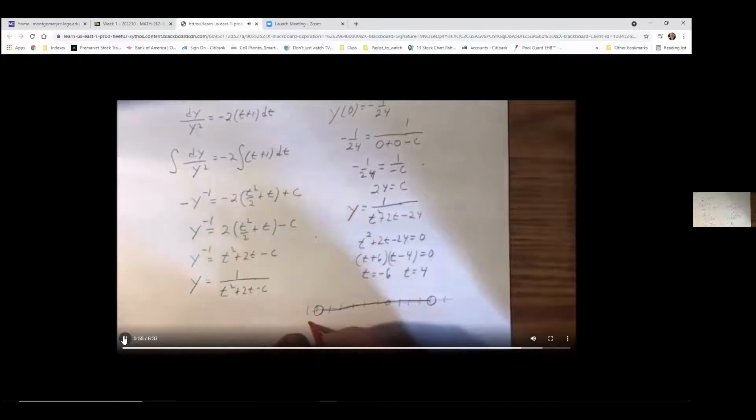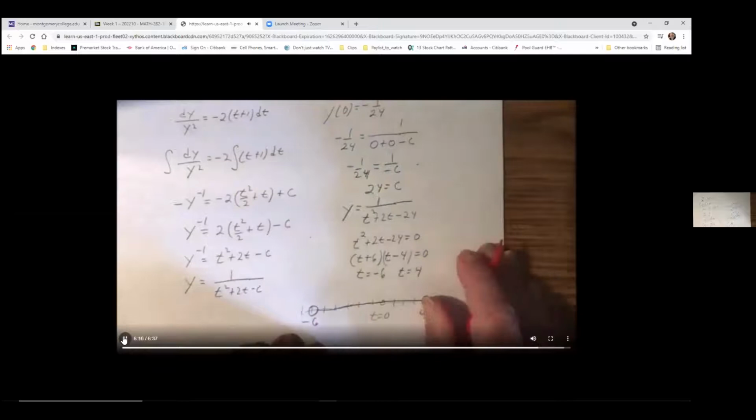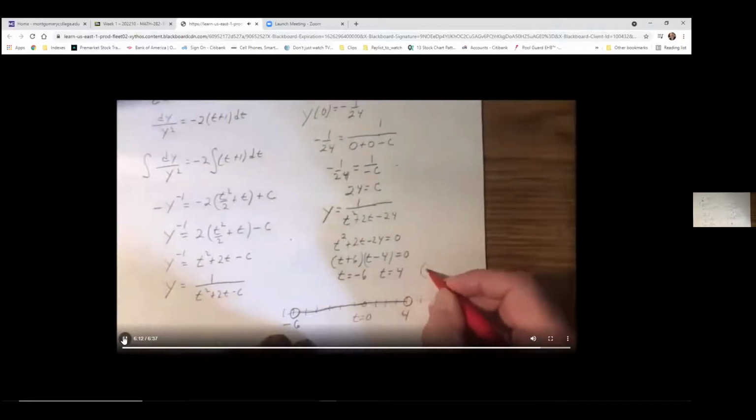This is minus 6, this is 4, and my initial condition is t equal to 0. So the valid interval, in interval notation, would be minus 6 to 4.